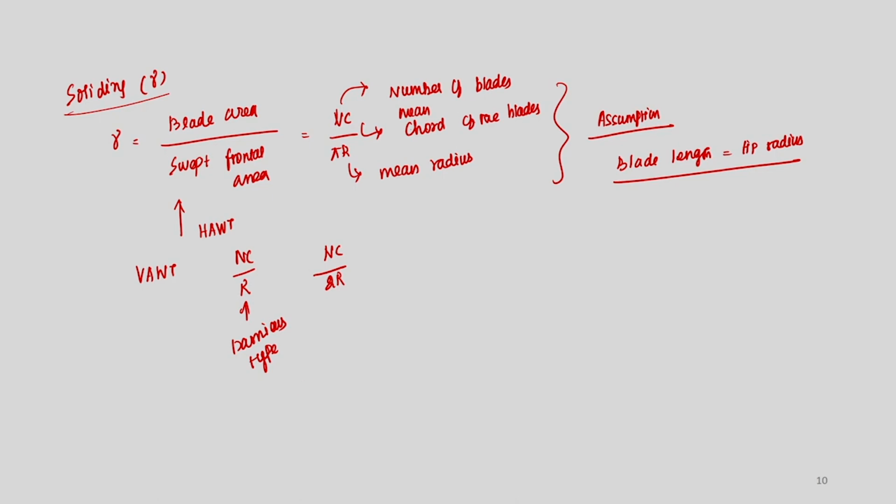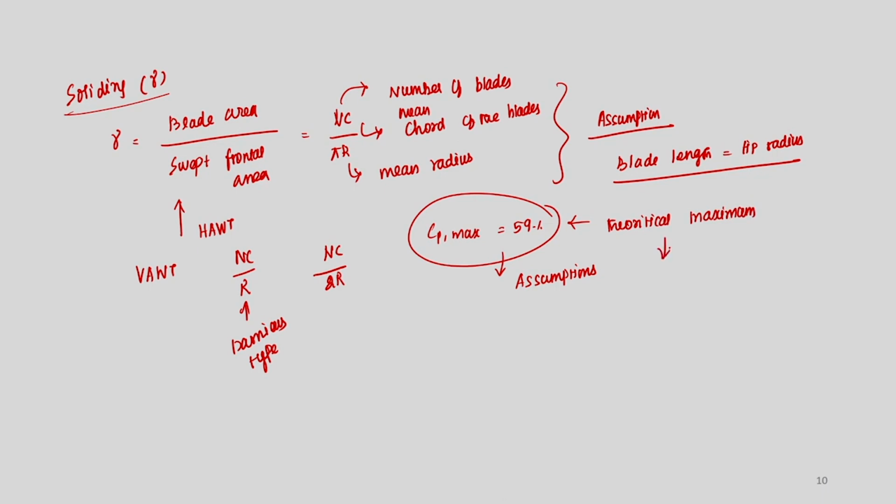Apart from this, we had also seen the Cp max as 59%. For that we used certain assumptions, and we call this the theoretical maximum. But this is the ideal case.